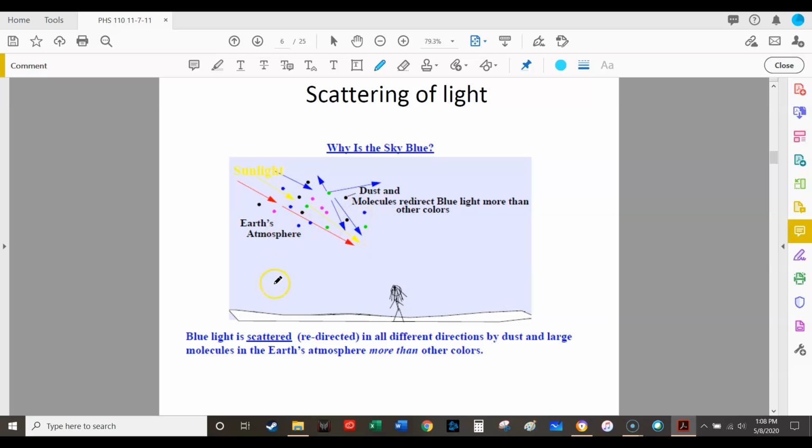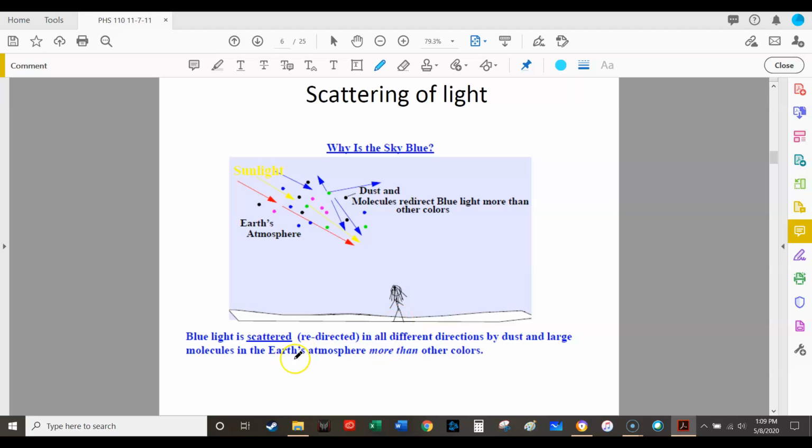So all these dust particles are absorbing light, and then emitting that light back out into the atmosphere, right? Some of that energy of that light is going to go into speeding up those electrons, but most of it is going to be re-emitted into the atmosphere at different angles, right?